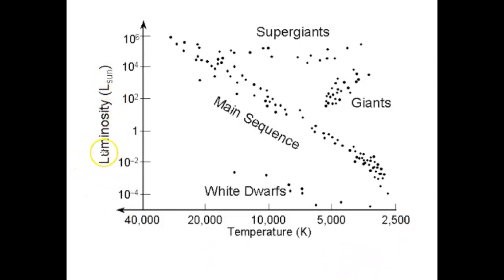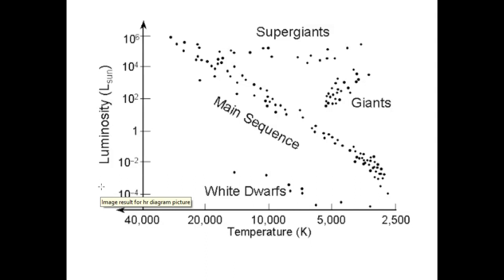And then on the luminosity side, one thing you need to remember is that luminosity is measured in watts. So you're talking about energy per second, the total energy of a star. There is another term called intensity, and that is watts per meter squared.